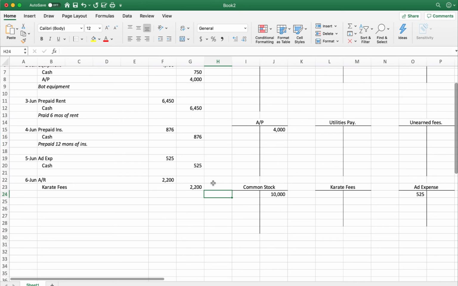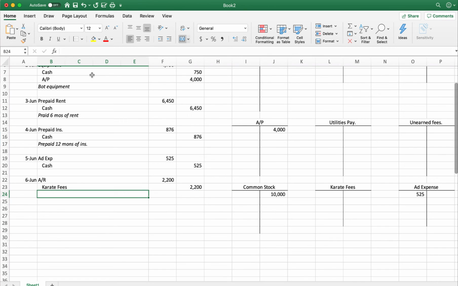Okay, so I booked everything, right? I booked the AR, booked the karate fees that I earned, right? I need to put an explanation here. What happened, right? What happened was I billed for services earned. I recognize revenue. So I'm going to say billed for fees earned, or I could say billed for fees recognized, okay?